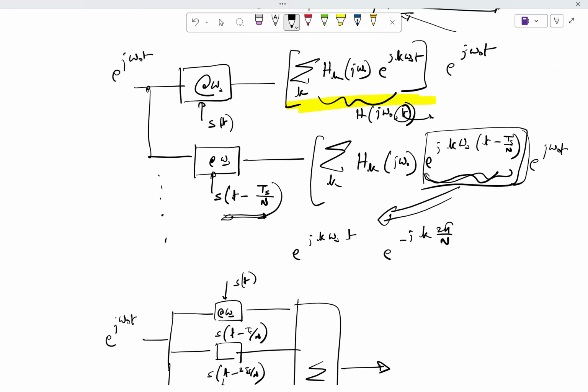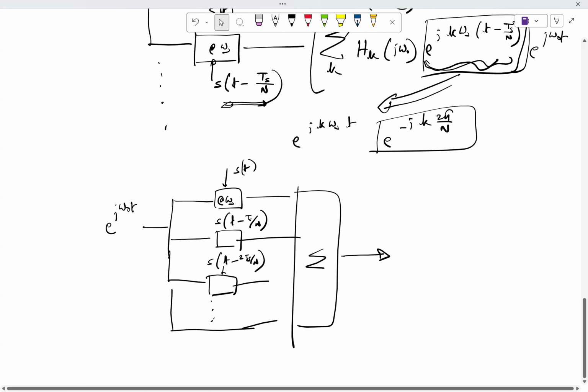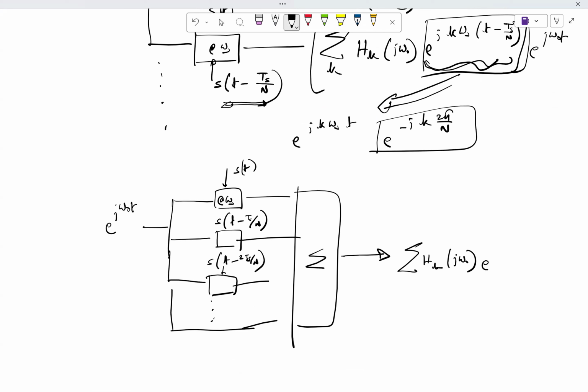The part that will only differ is e to the power j k omega s t. This guy, right? This guy is the one that will differ. So I can basically say that this is equal to the summation of h_k j omega naught, e to the power j k omega s t, times e to the power j omega naught t, times 1 plus e to the power minus j k 2 pi by n, and so on.